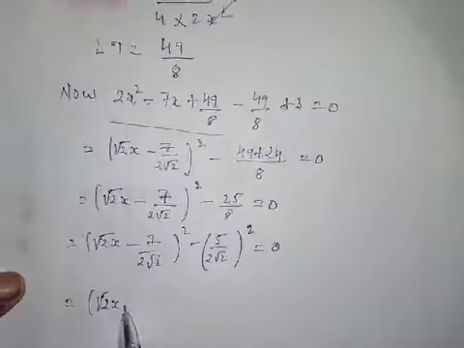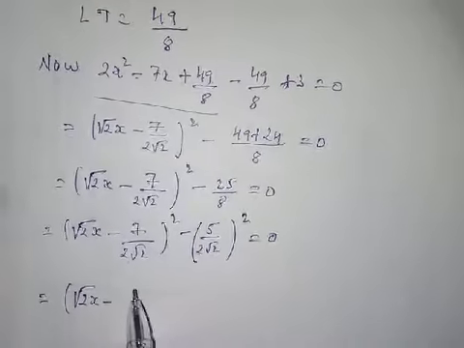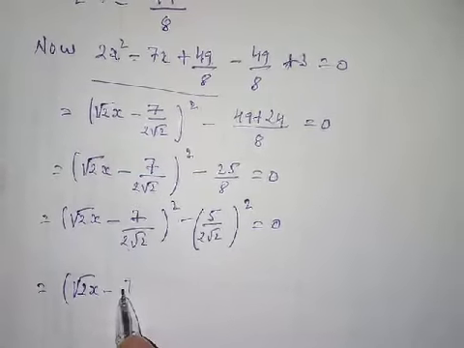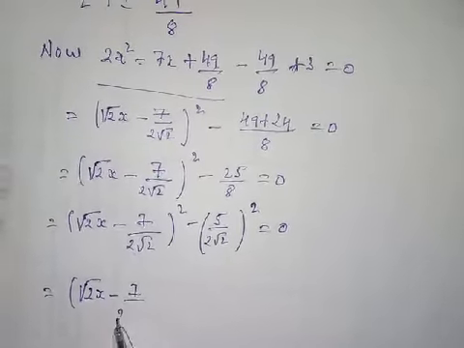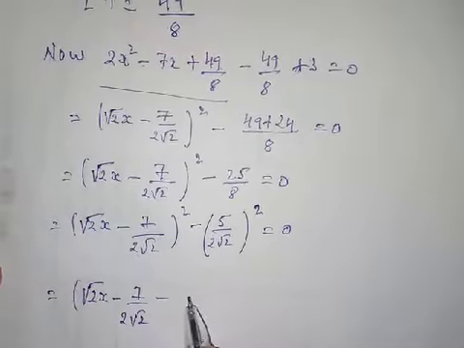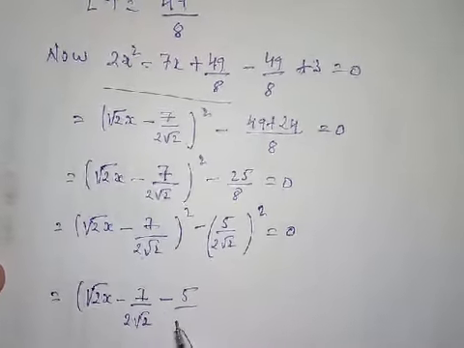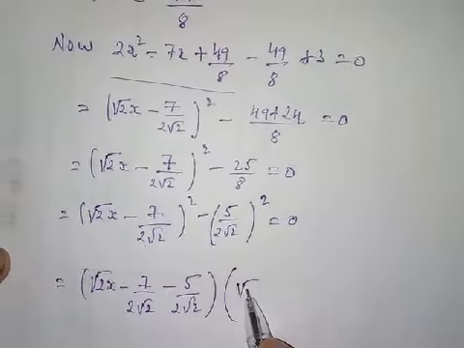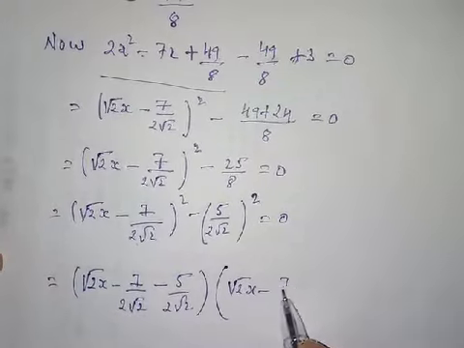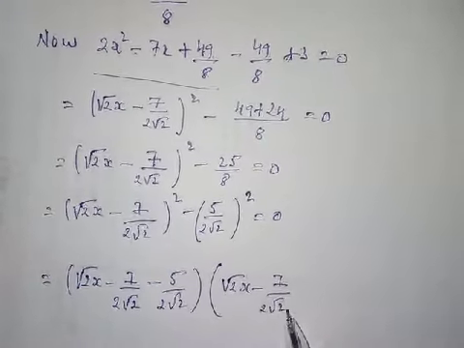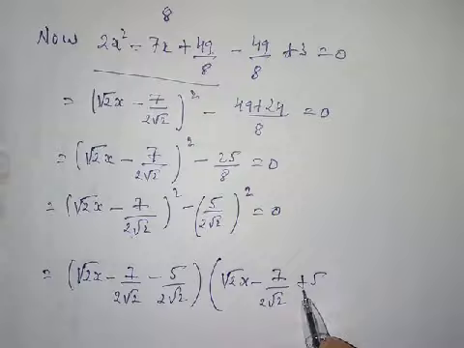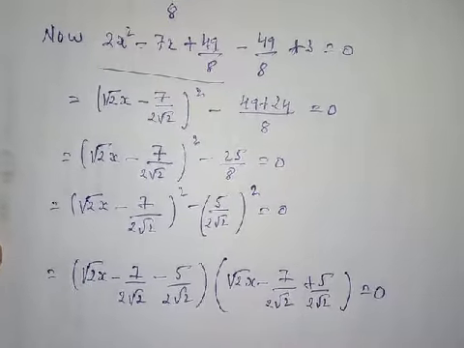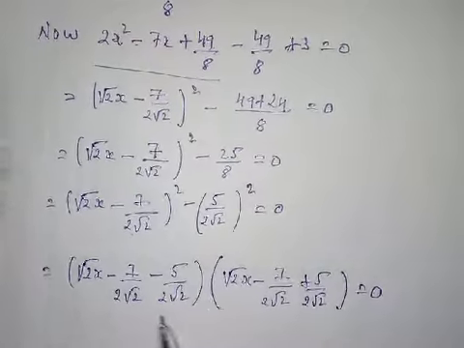(Root 2x − 7 upon 2 root 2 − 5 upon 2 root 2) into (root 2x − 7 upon 2 root 2 + 5 upon 2 root 2) is equal to 0.